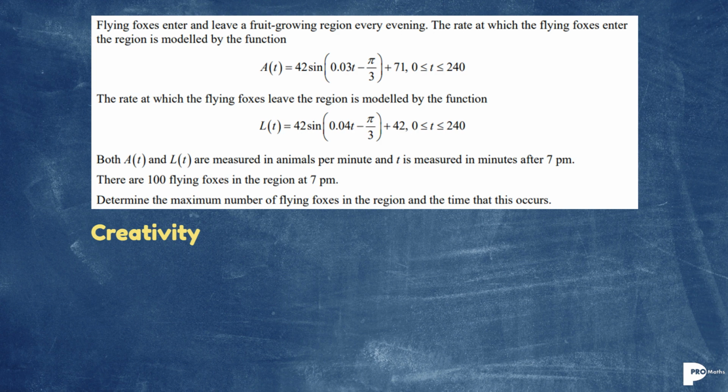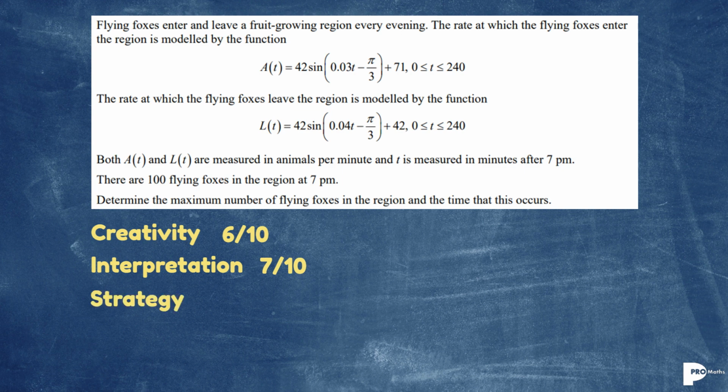The rate coming in and going out was pretty cool, so let's go 6 out of 10. Interpretation. You had to understand that you were given rates and think about how to find the maximum, especially working it out on the graphics calculator. 7 out of 10.